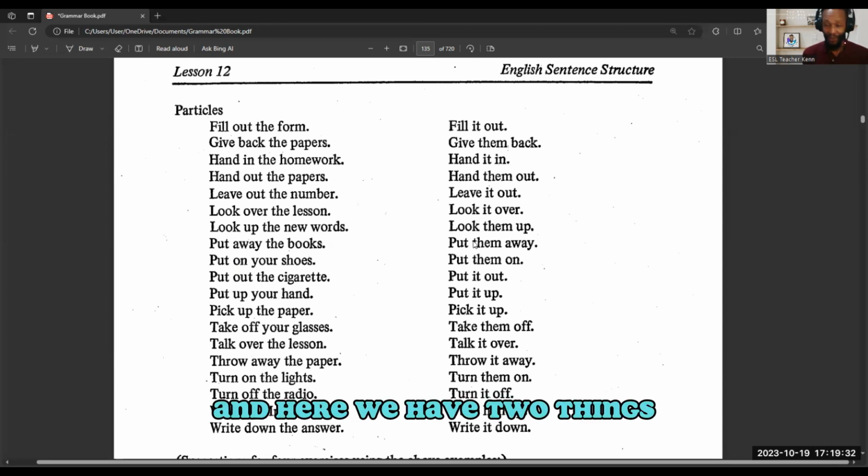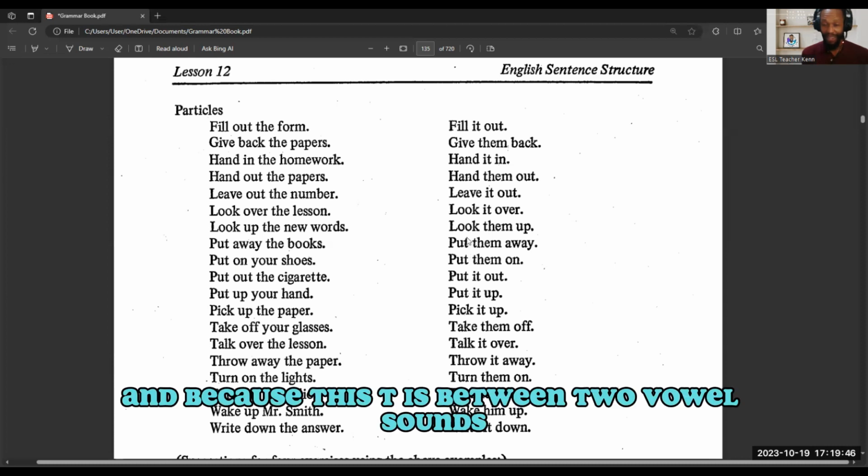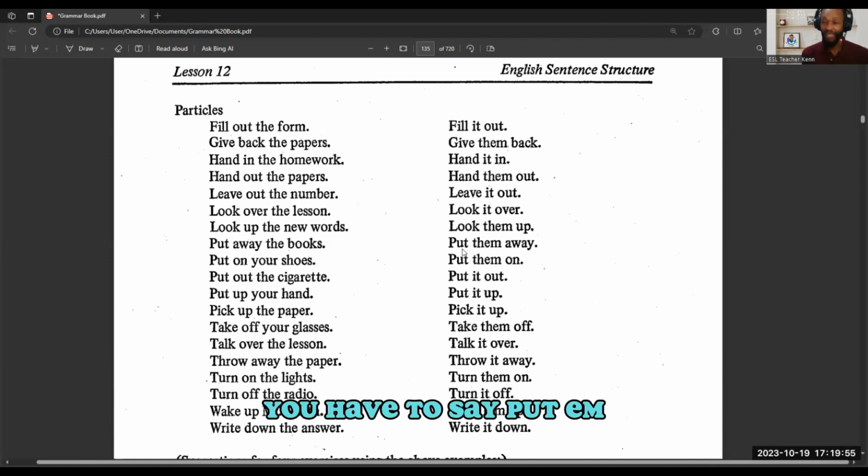And here we have two things. First of all, we don't pronounce this TH. It becomes 'em. So we say 'em. And because this T is between two vowel sounds, you have to say put 'em.